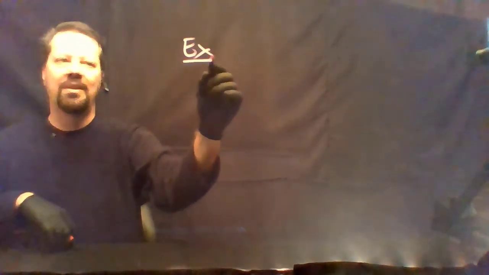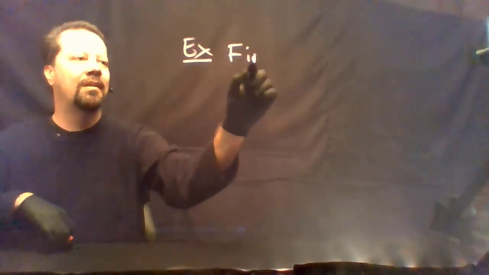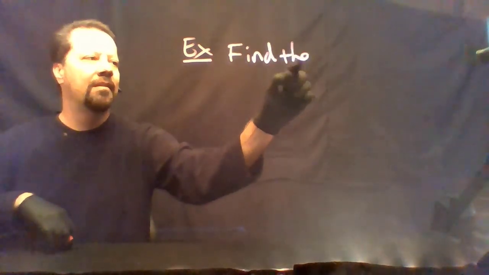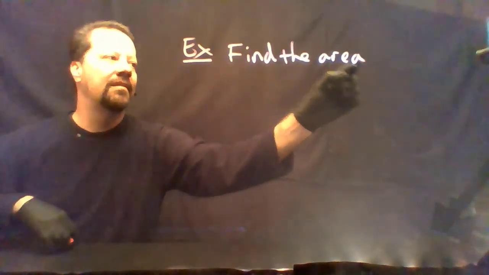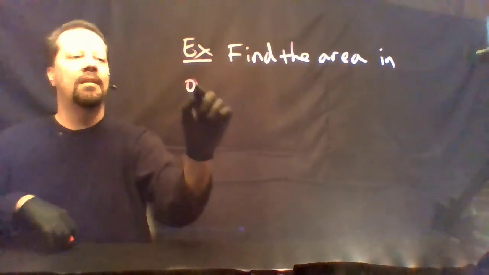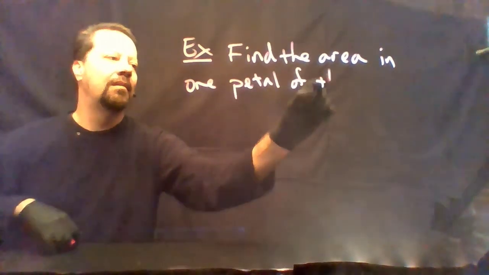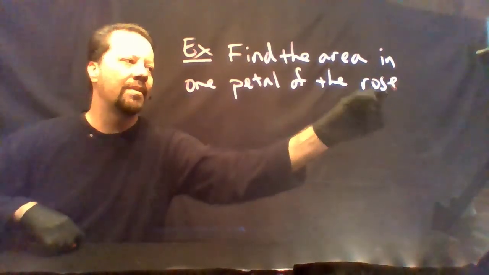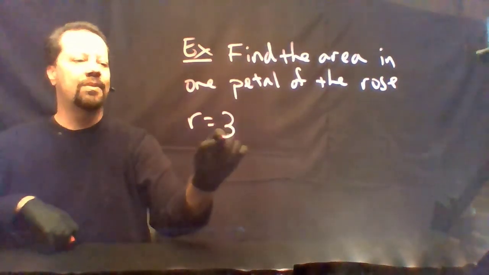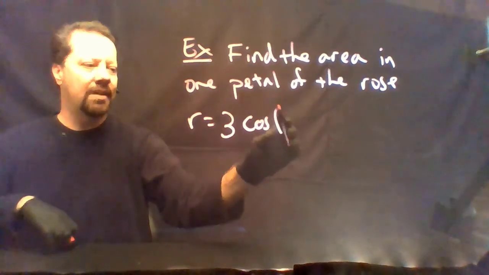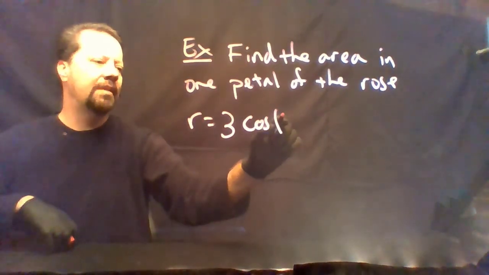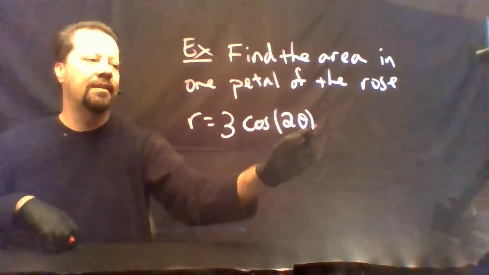On the next problem, we want to find the area in one petal of the rose r equals 3 cosine of, let's say, 2 theta.